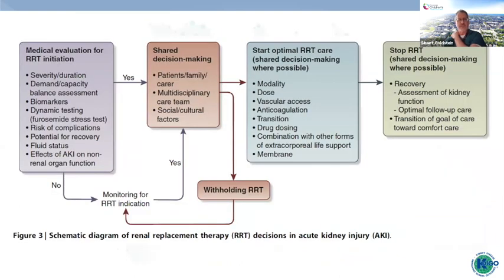In terms of the schematic diagram for renal replacement therapy, there needs to be a medical evaluation, severity, biomarkers, dynamic testing like the furosemide stress test, fluid status, and then there needs to be shared decision-making, and there may be withholding of RRT if this is thought to be futile.